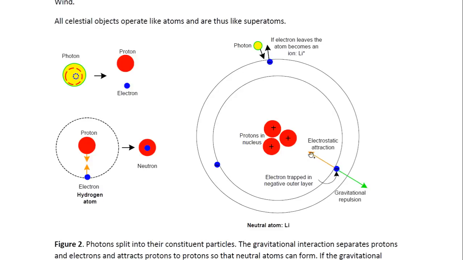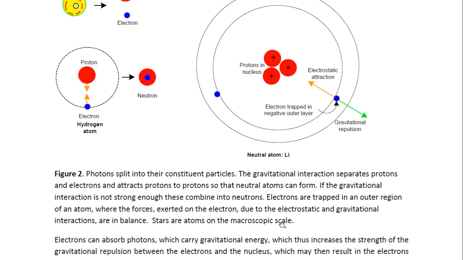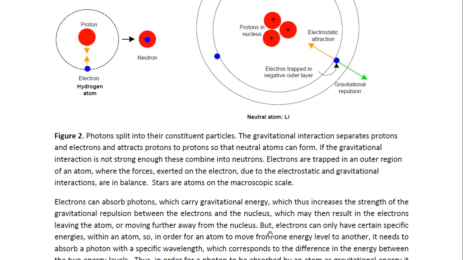One force pulls it inwards, that's the electrostatic, the other one pulls it outwards. When these forces are in balance, so that the electron is attracted to a certain extent, but is not pulled in towards the nucleus so that the atom collapses, then it's just trapped in a region outside the nucleus. Now, stars are atoms on the macroscopic scale.